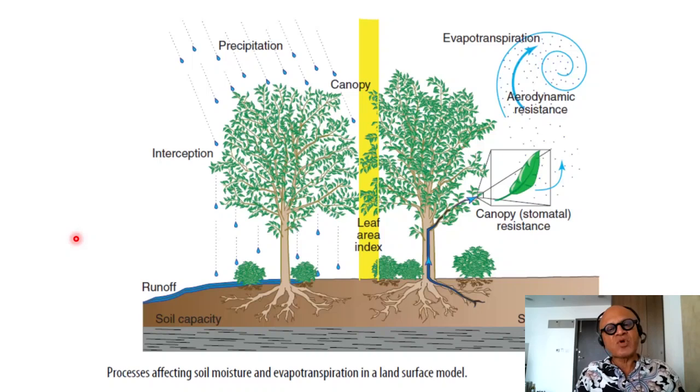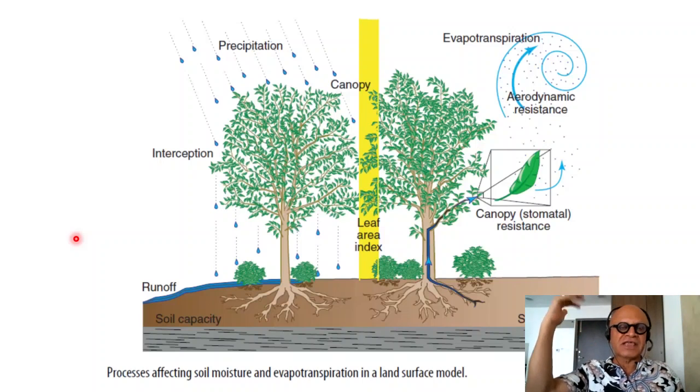One of the most important processes for land surface models is soil moisture and evapotranspiration. Evapotranspiration is basically evaporation mediated by vegetation, so water going through the vegetation and then exchanged with the atmosphere when the stomata is open and so on.